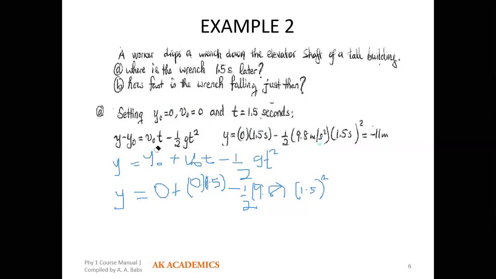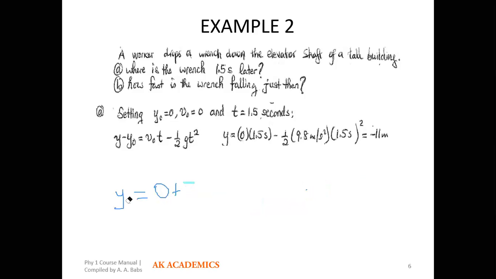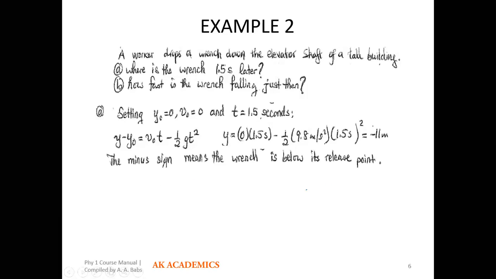Now, what does minus 11 meters mean? There is a negative sign there. What does that negative sign represent? The minus sign means that the range is below its release point. It simply means the final position of that range is right below the point where it was released.